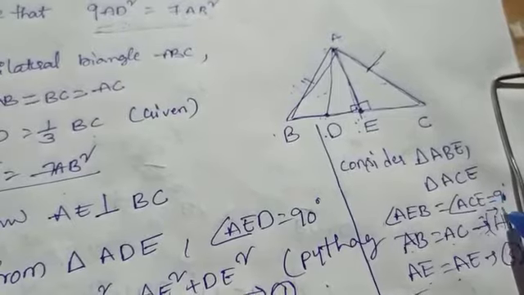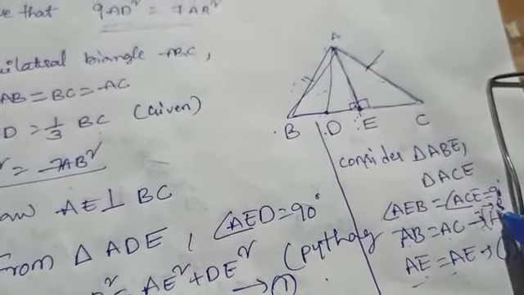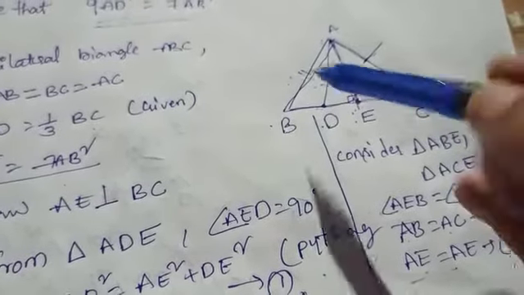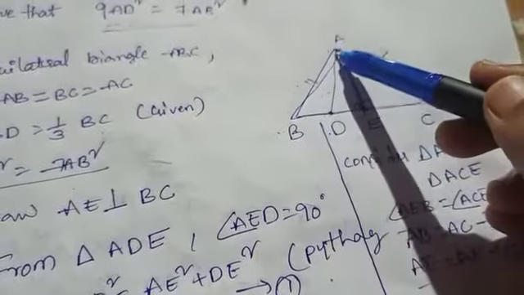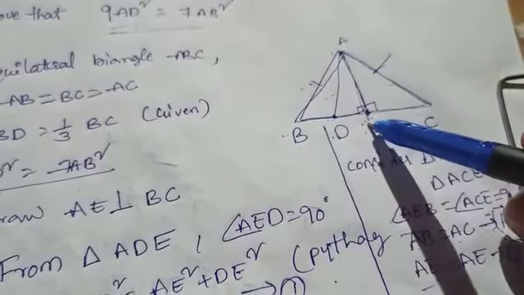Here using RHS, right angle, hypotenuse, side: AB equal to AC, angle AEB equal to angle AEC, and AE equal to AE.